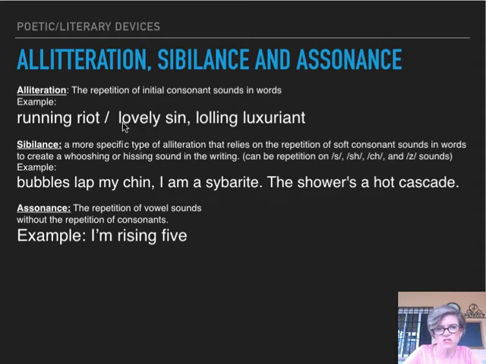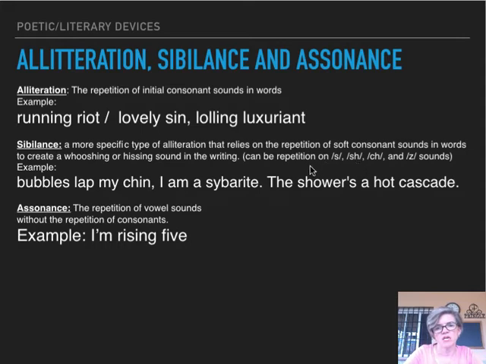A more specific kind of alliteration. So if alliteration is the repetition of the initial consonant sound, sibilance is a specific type of alliteration where a set of sounds that are related to S's and soft C's and Z's are grouped together.